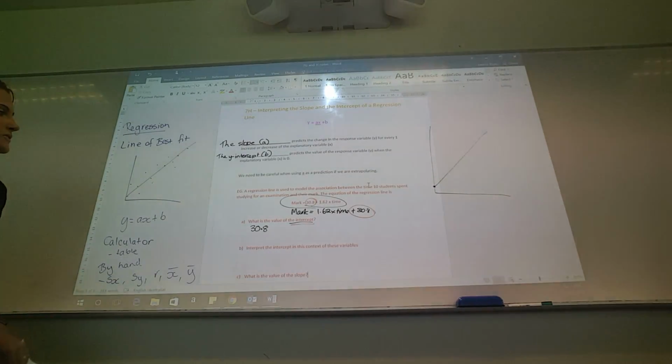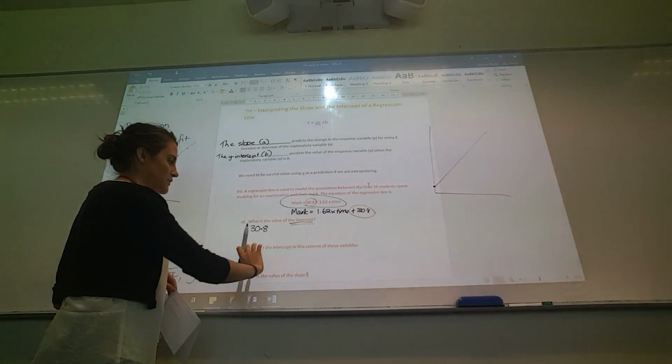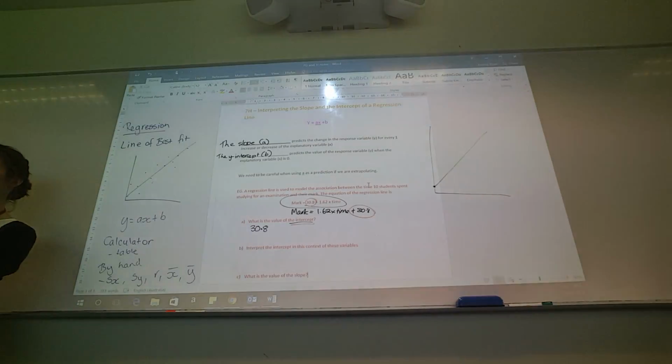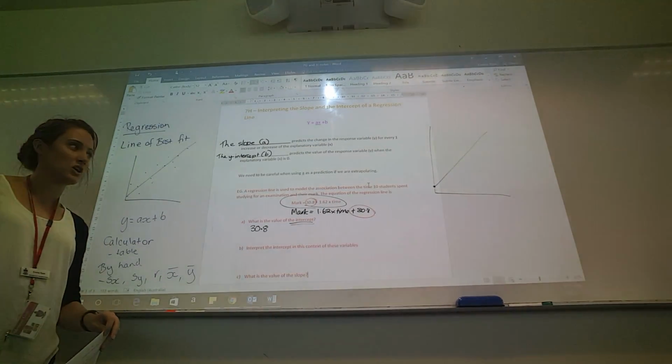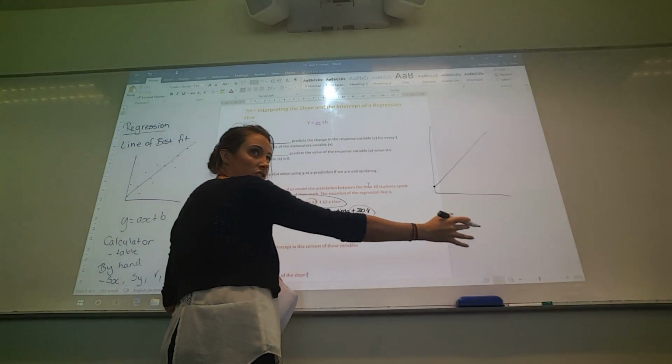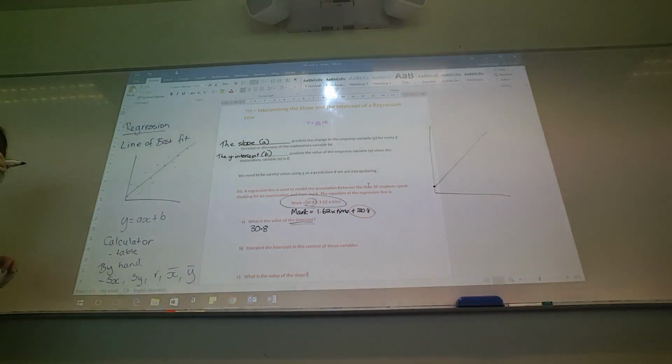Okay, so interpret the intercept in context of these variables. So what does this y-intercept mean? I'm going to give you a generic sentence that we can write. I'm going to underline what we would need to change, and then I'll write it over here with the changed bit. Does that make sense? Cool.